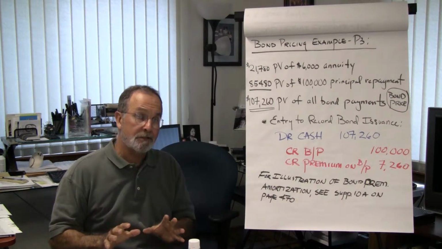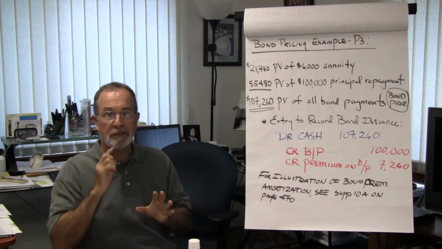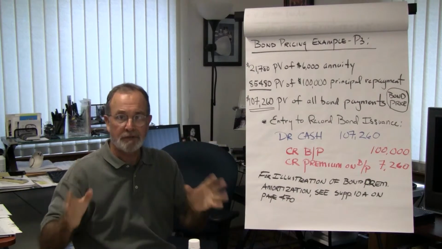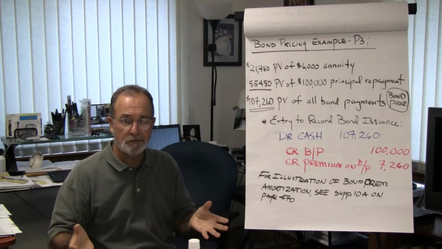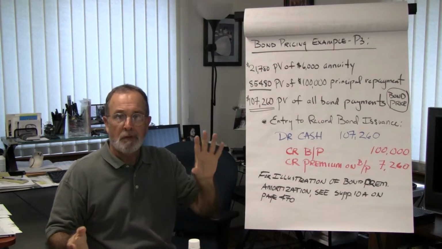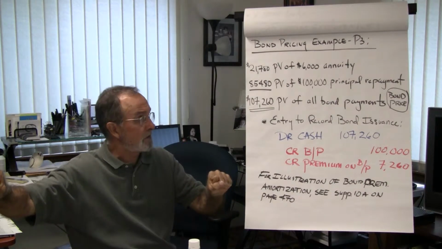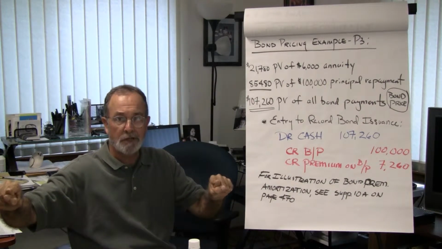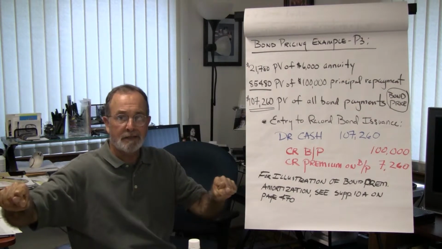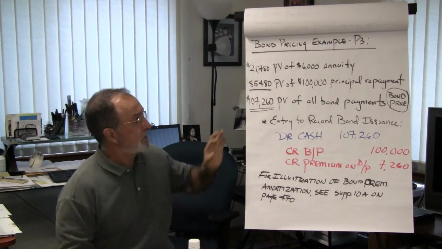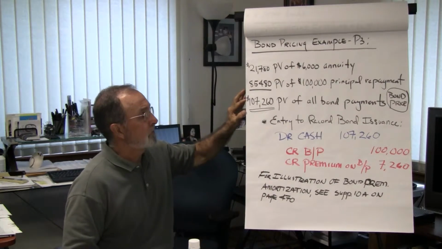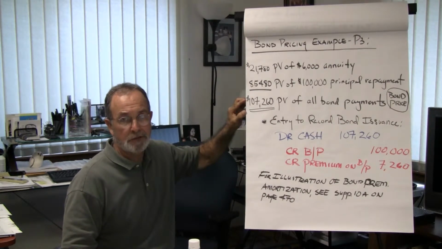And again, it's not an arbitrary calculation. It is based on the facts surrounding the bond issue. Our bonds pay 6%, market is 4%, and then we do the present value calculations that end up giving us a bond price of $7,260 more than the amount we are borrowing.